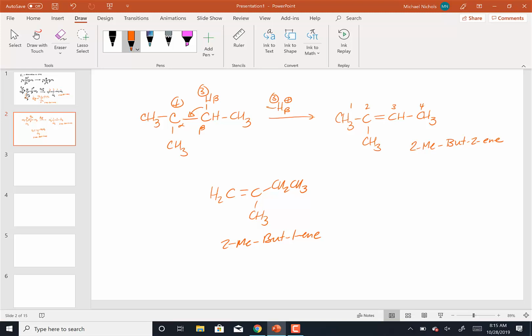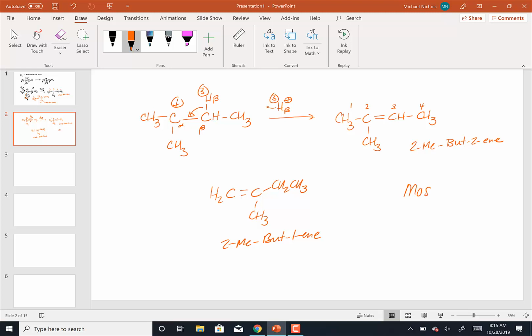And there always has to be rules for this. So each reaction is going to have its own set of rules. Bless you. So in this case, the rule is that you form the double bond that is the most stable. Okay, so that's the rule.